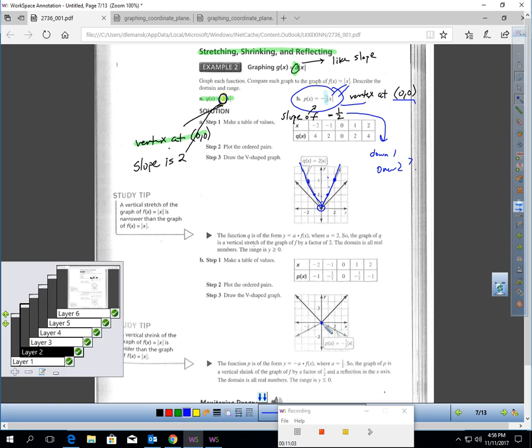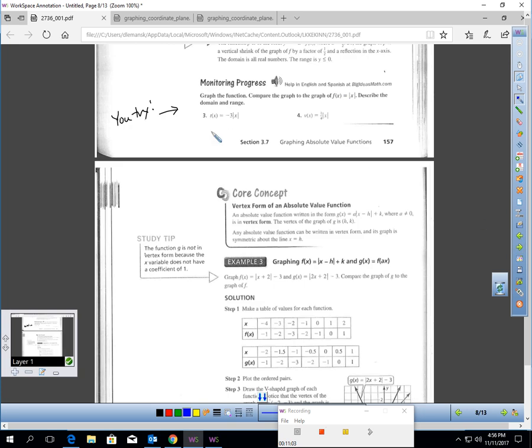Think about that. Okay, so let's go over here. Down 1 over 2, down 1 over 2, down 1 over 2, down 1 over 2, and you can see how we're creating that from that statement. Okay, so it should be really easy to stretch, shrink, and reflect these without a calculator.